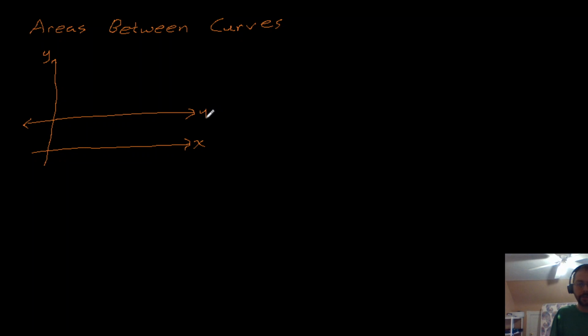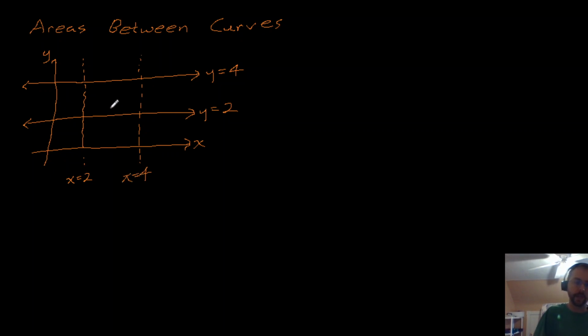This is y equals 2, and this is y equals 4. And this is going to be x equals 2. And this is going to be, not quite drawn to scale, x equals 4.